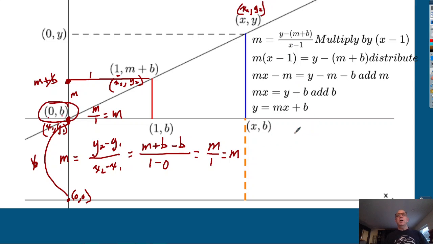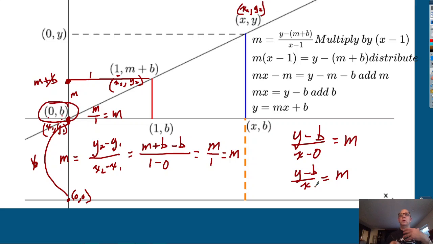I'm going to say y minus b over x minus 0 equals m. Okay. y minus b is still y minus b. x minus 0 is x. So this is y minus b over x equals m.